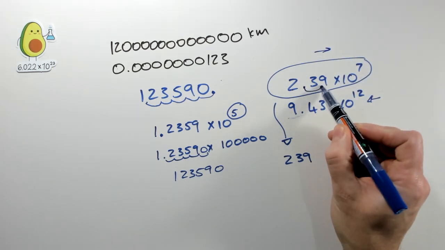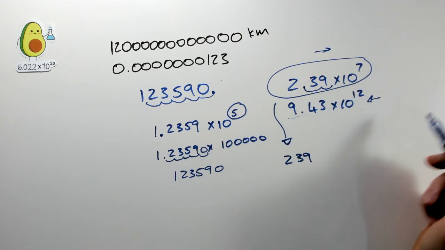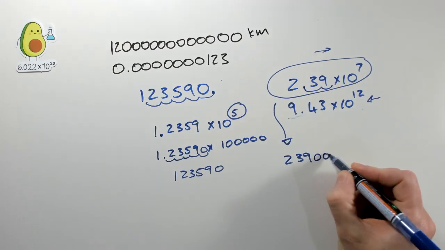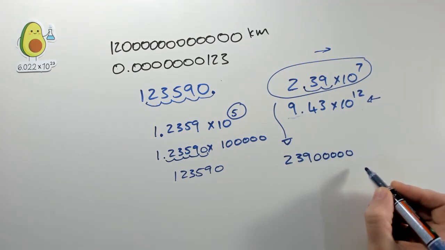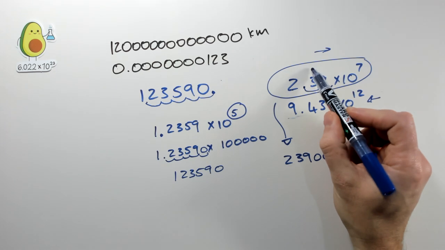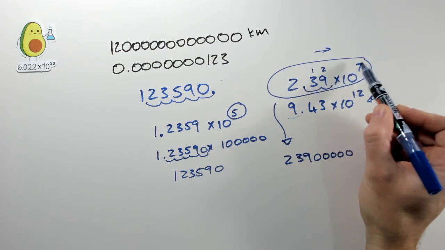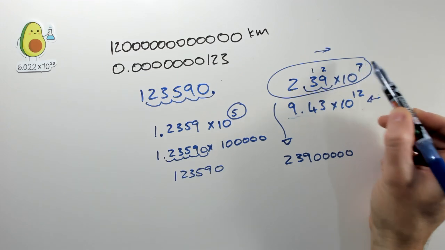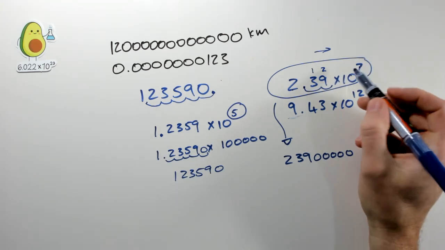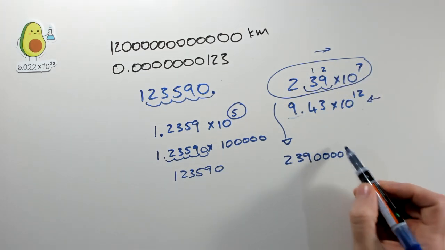So it's going to move 1, 2, and then another 5 times. So it's going to be basically 5 zeros. Because there are 2 digits behind the decimal and I know it's multiplied by 10 to the power of 7, I know there's going to be 5 zeros behind it.